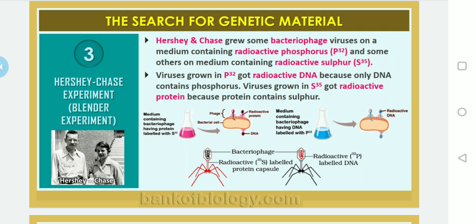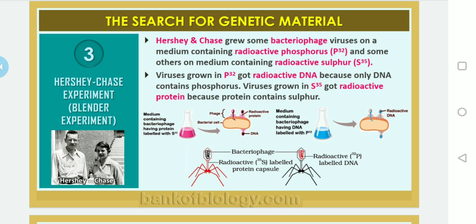This is the principle why they were selected like this. Then generally what will happen? The viral genetic material becomes an integral part of the bacterial genome and subsequently manufactures more virus particles using the host machinery.